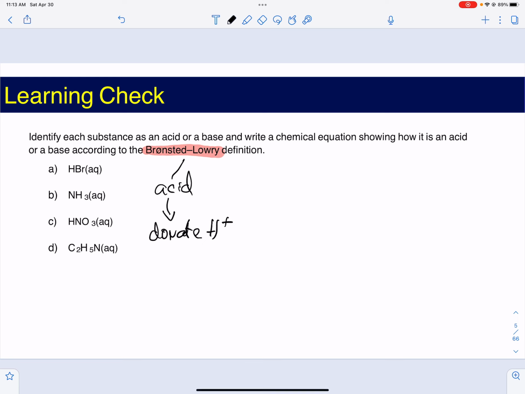But now we are implying that something has to take it, while bases will accept H+. So the big change on the Bronsted-Lowry definition is that the base does not have to produce hydroxide anymore. As long as it can take the hydrogen from the acid, that's a base. That's how a base behaves.